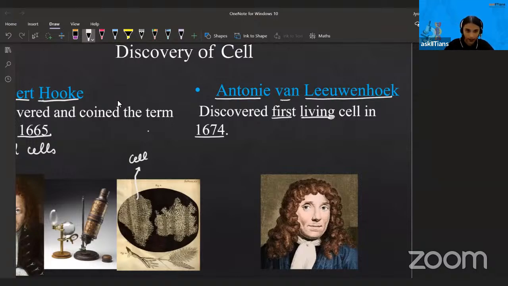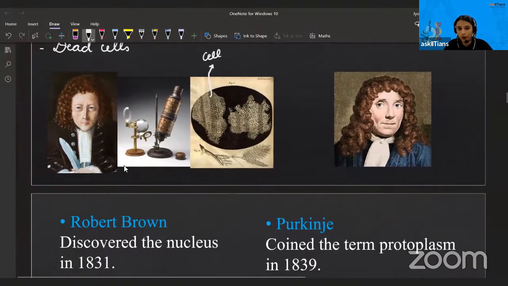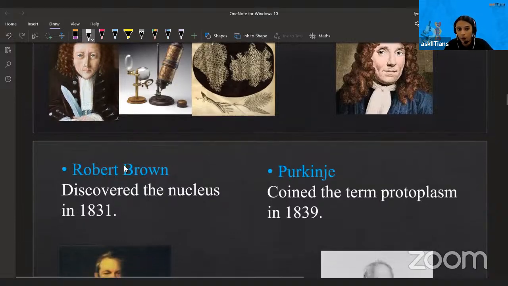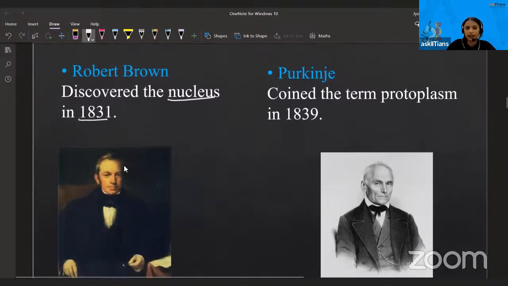Now, due to the invention of the microscope, the scientists were very excited to see what is actually present inside the cell. Robert Brown discovered the nucleus in 1831. Now, what is the nucleus?